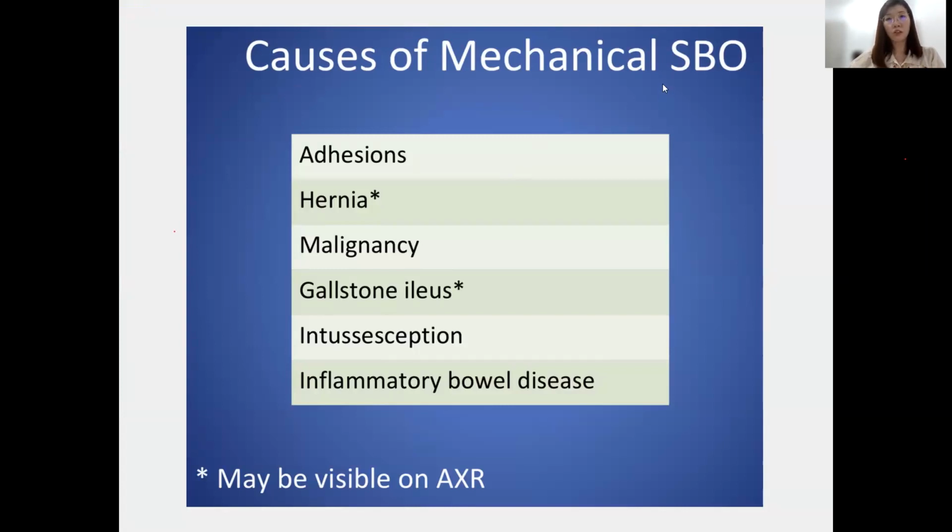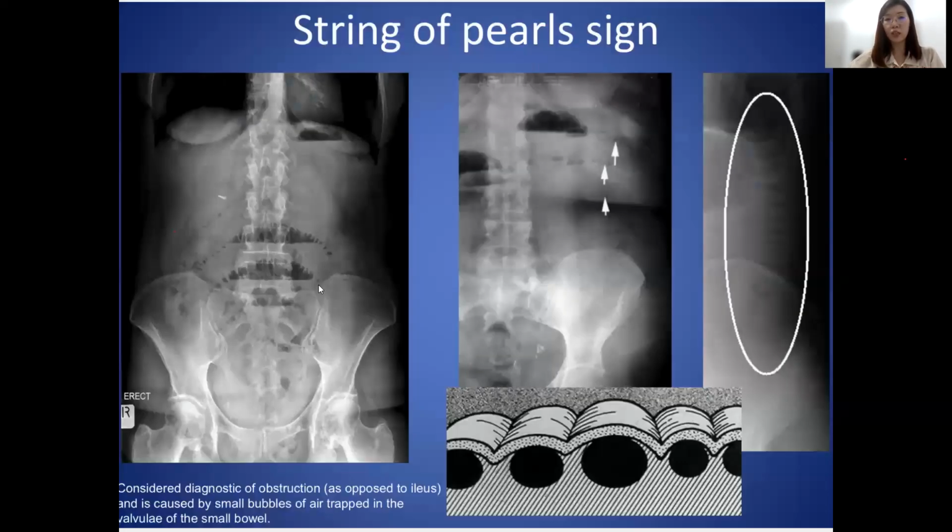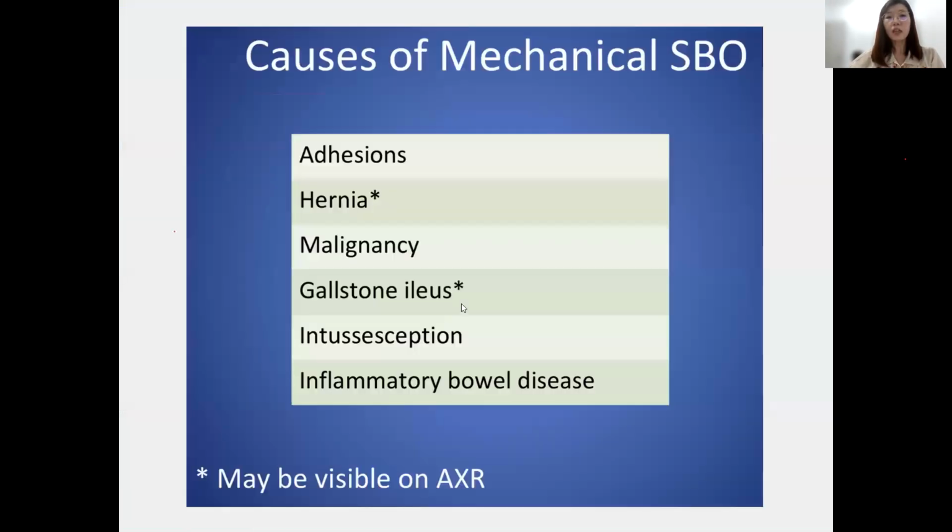So causes of small bowel obstruction: adhesion, common, if patient have history of surgery. Hernia common. So when you look at the X-ray, make sure it includes the inguinal region. All right, you will always find a hernia down here, inguinal hernia. Next, malignancy. Most of the time we cannot find on X-ray only.